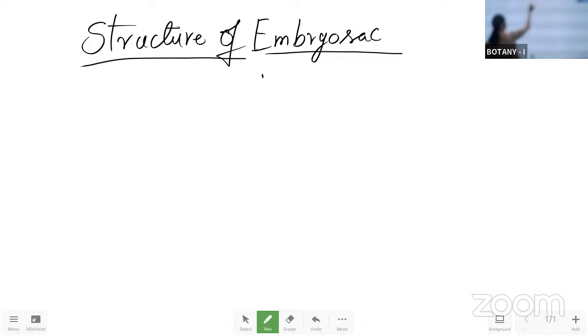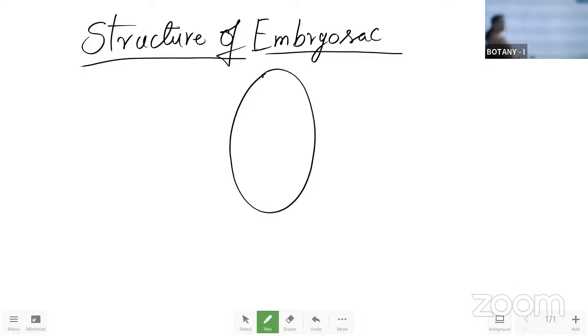So, see how I am drawing. Embryo sac is an oval shaped, egg-shaped structure. So, first draw the oval shaped structure. Then it is having 2 layers. 2 membranes are present, so we have to draw the 2 membranes.